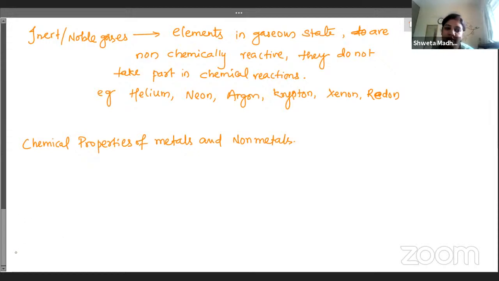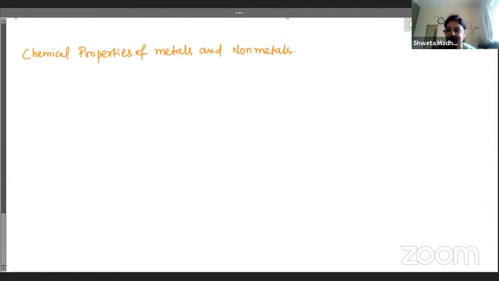First thing about metals and non-metals, you have to remember that although there are exceptions, we still consider some of the elements as metals and non-metals. Why? That is because of their chemical property. What is the main chemical property which differentiates these metals and non-metals? Although physically they are completely different, they do not possess some of the properties of metals. Now, why have they been categorized as metals?